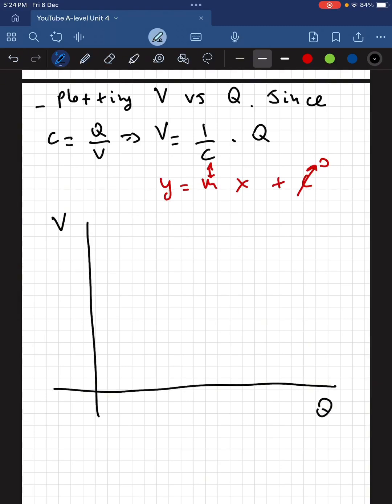So V versus Q, straight line passes through 0, and the gradient of this line is 1 over C.